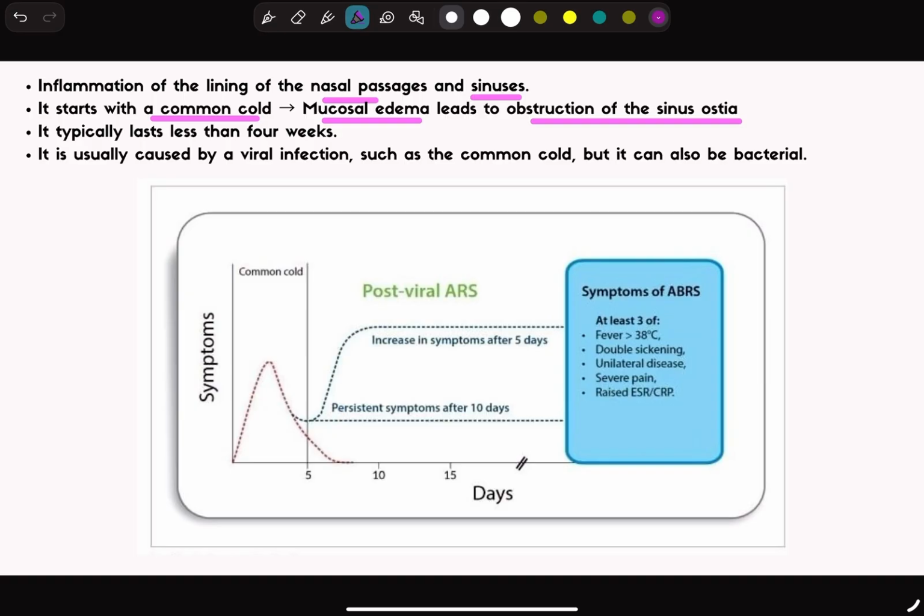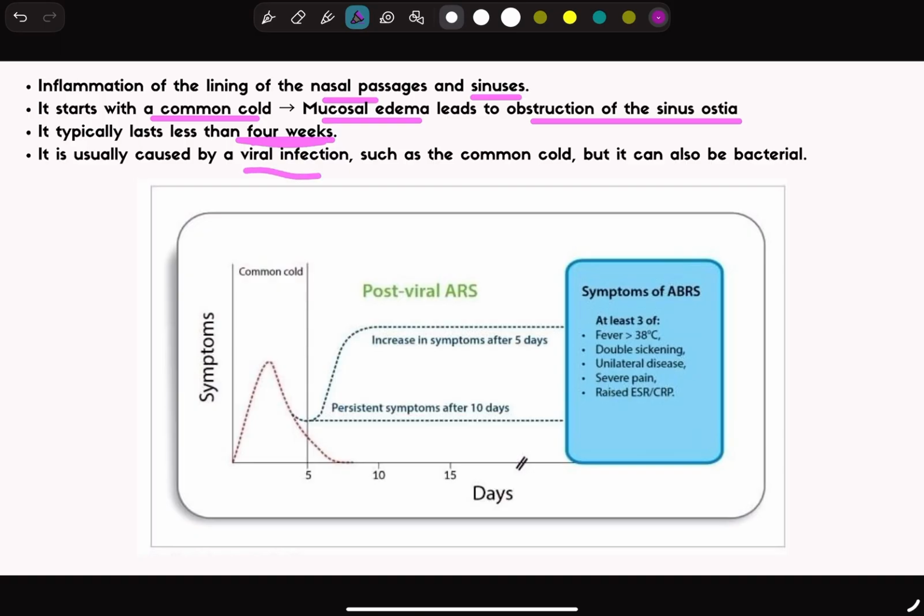So the patient will get pressure. They will tell you they've got some pressure, especially when they bend forward, and they will have a history of common cold. Typically it resolves in less than 4 weeks, and it is caused by viral infection.